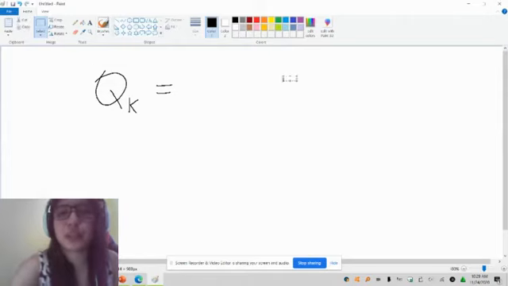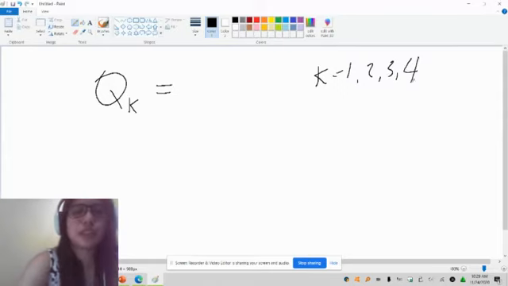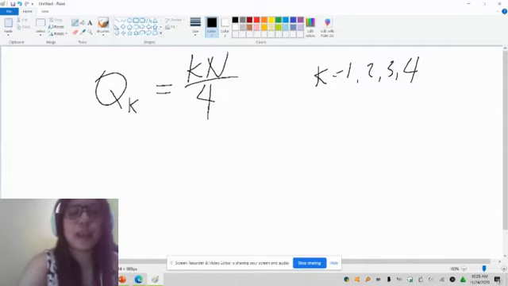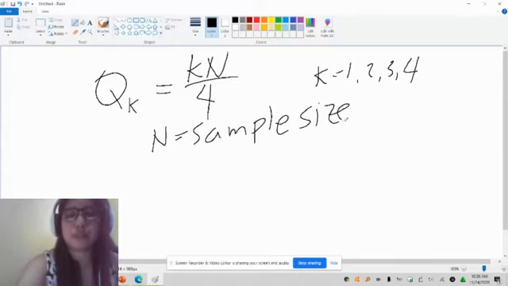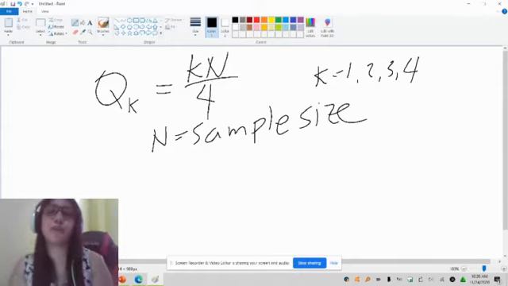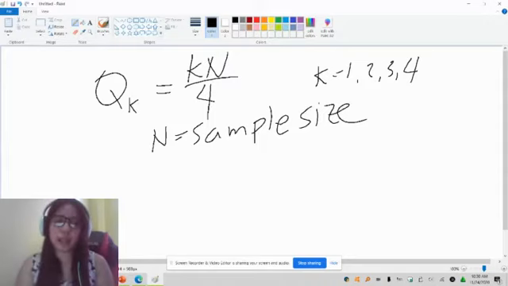The general formula is Kn over 4, and n represents the sample size. So this is our general formula for quartiles.